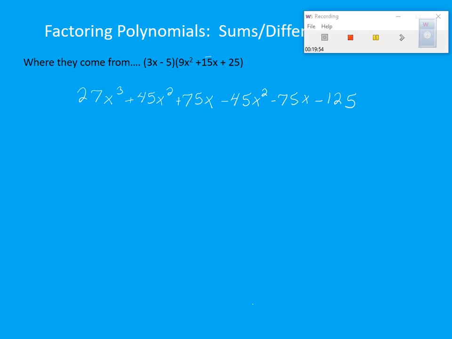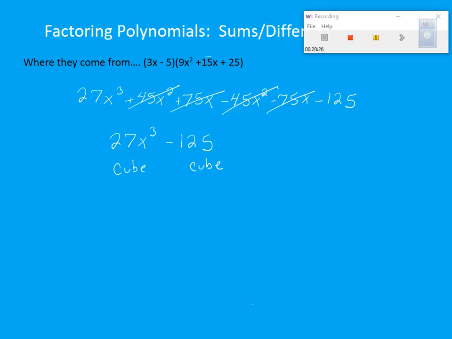This is where the perfect cube comes from. 45x squared and negative 45x squared cancel each other out. Positive 75x and negative 75x add to be 0. I'm now left with 27x cubed minus 125. A perfect cube minus a perfect cube in this case.